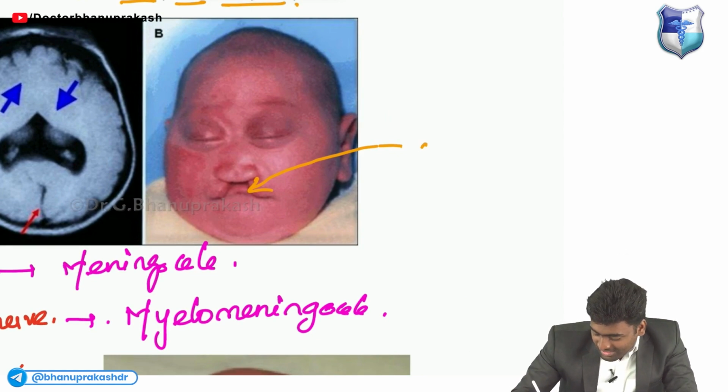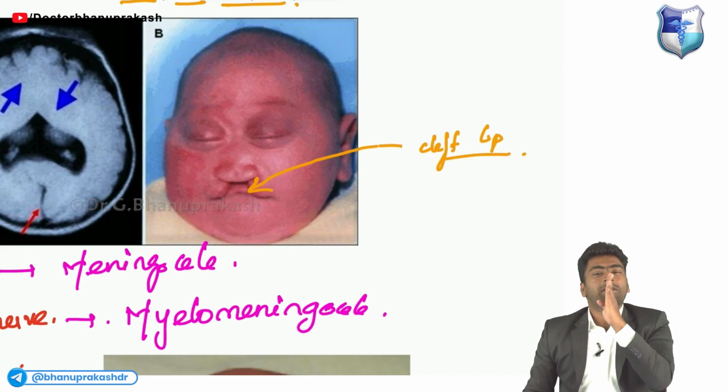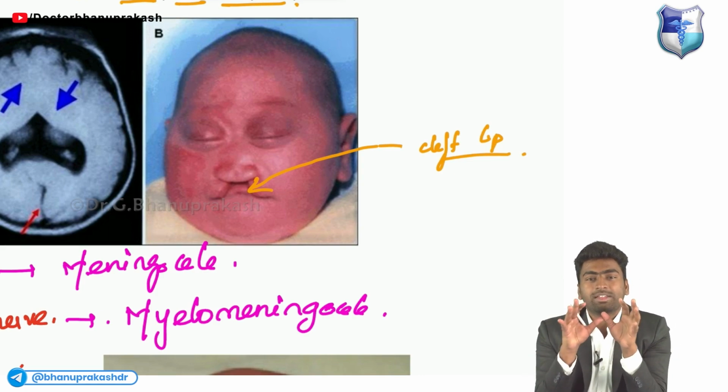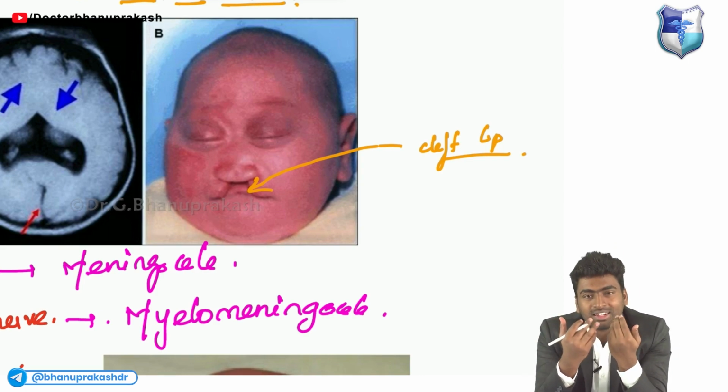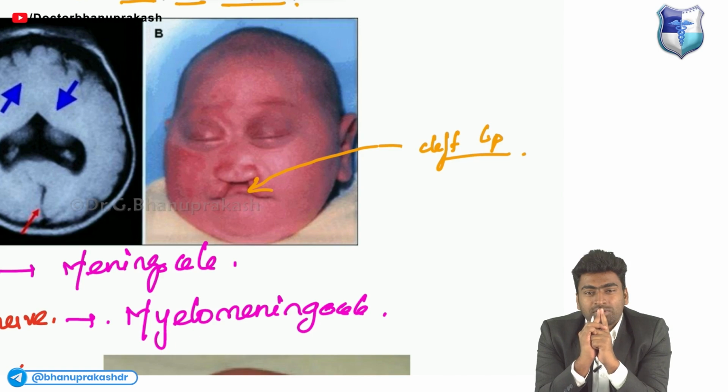It is the cleft lip. And if you see holoprosencephaly, cleft lip and all these midline defects, it is because there is no separation, there is no midline in the brain. That's why there is no right and left. There is just one brain. And here there is a midline fusion defect, which leads to the cleft lip. And both of these things, along with the features of rocker bottom foot, will be classical for a chromosomal anomaly.